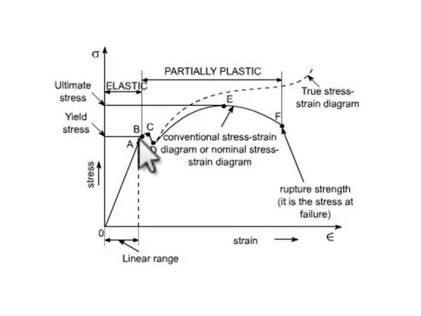If we continuously increase the load, we cross the elastic region and come into the plastic region. Here, if we remove the load at this position, the body will not fully recover its original shape. So we use this region in our metal forming process, because we want to change the shape.